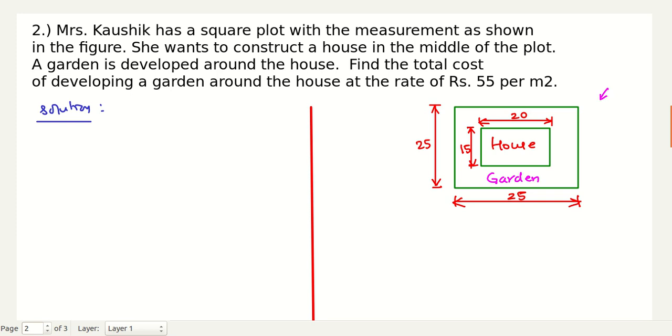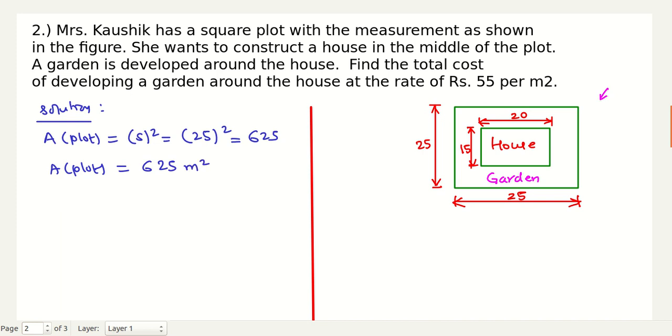Now therefore the area of the plot is equal to the area of a square, that is side square, and we know it's given as 25 square, so the area of the plot is equal to the square of 25, which is 625, so it is 625 meters square.